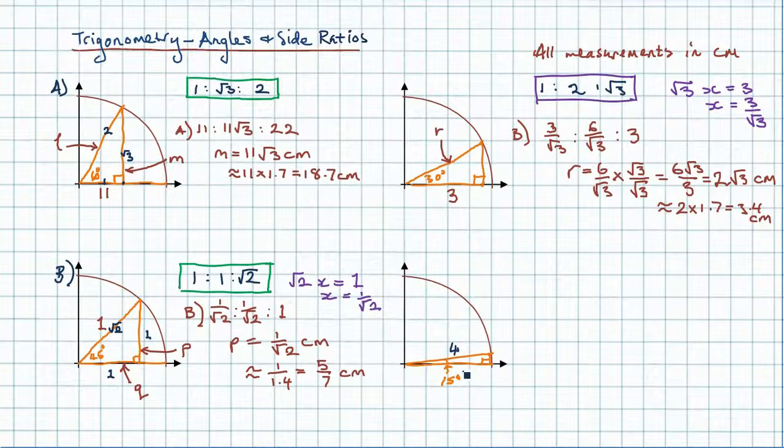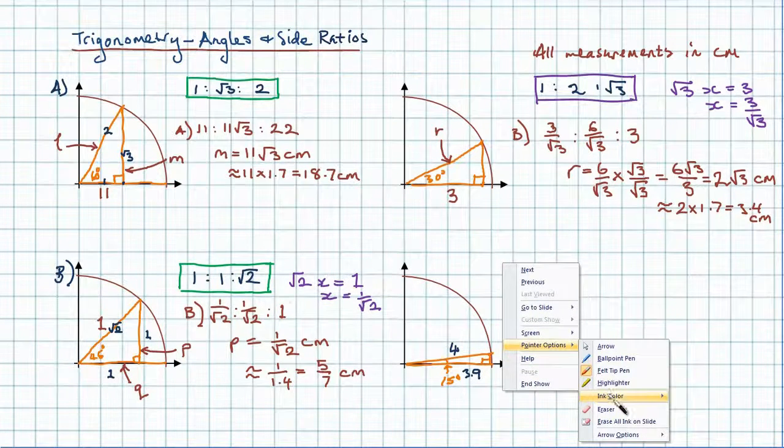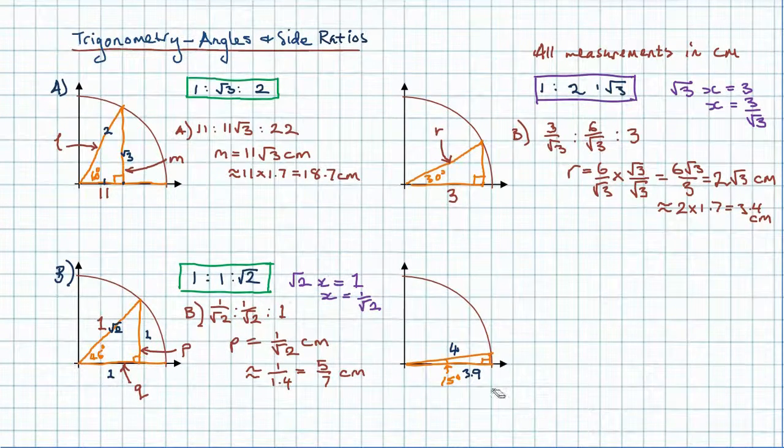We can't just write 3.9 because that won't be good to work with, because with ratios, of course, we have to be exact. Now, there is an exact form of this in surds, and it's actually pretty easy to remember.